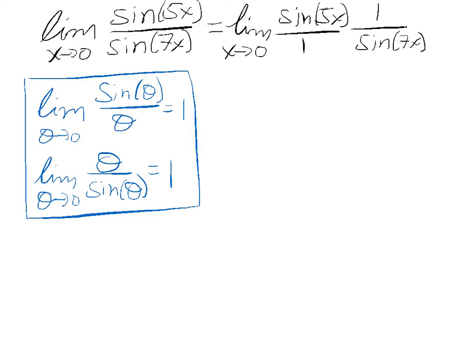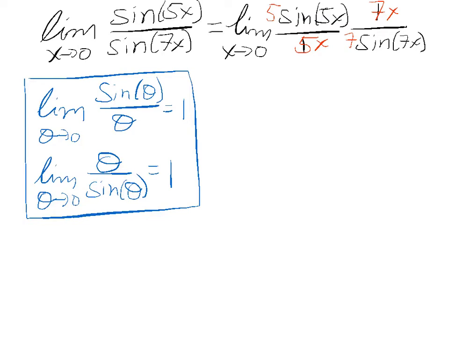And then I'm going to multiply this one by 5 over 5x, and I'm going to multiply this one by 7x over 7. And you can see that I have not changed the value of the limit at all, because the 5 over 5 will cancel to be a 1, the 7 over the 7 will reduce to 1, and the x over x will reduce to 1 in the limit.